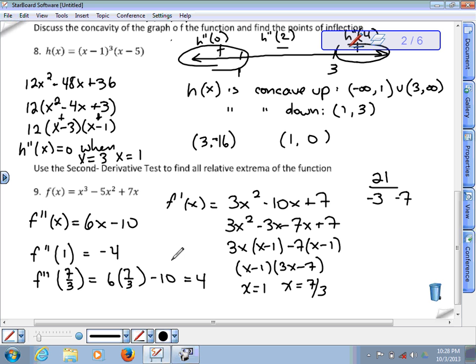Now the second derivative test says if you take a critical number and the second derivative is negative, that means the graph is concave down. So it's a graph that's kind of curved downward, concave down. The critical value then would be the top. That makes it a maximum value.